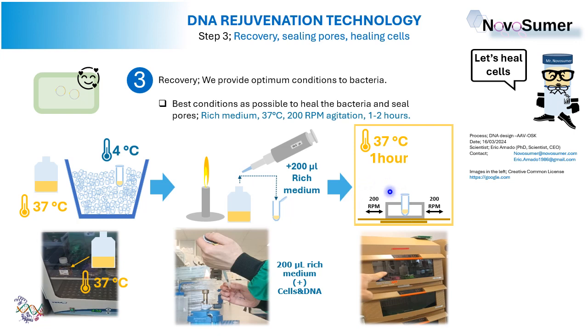We put the Eppendorf inside the chamber and we leave it for 1 hour in agitation and at 37 Celsius degrees. These conditions that we provide to the cells are enough to make the cells happy, so they will heal, they will recover, they will seal the pores. Okay, this is this step.